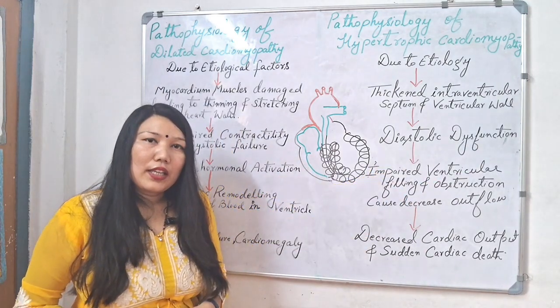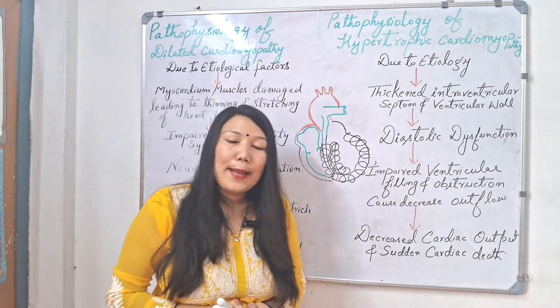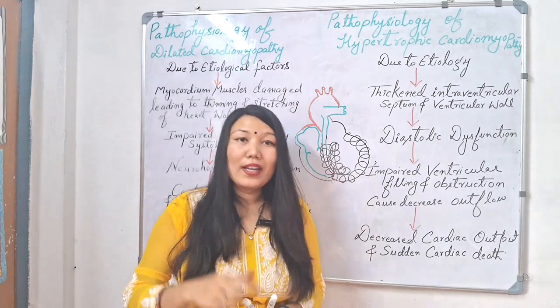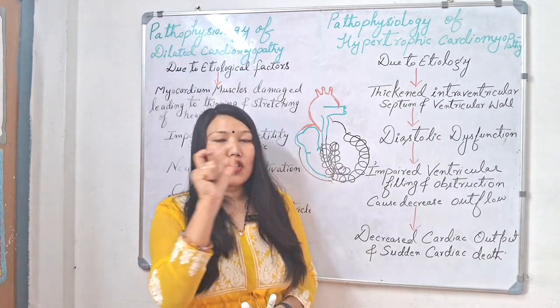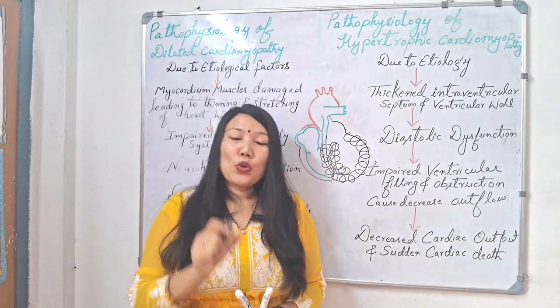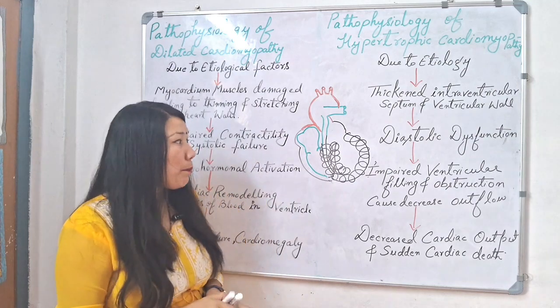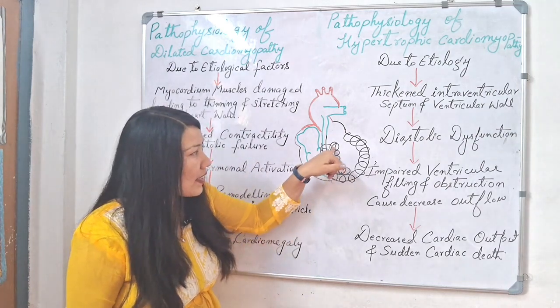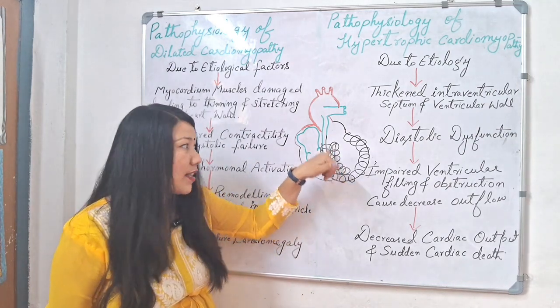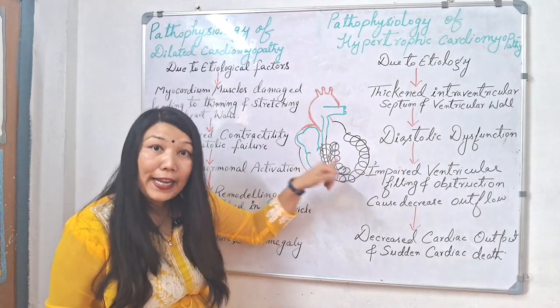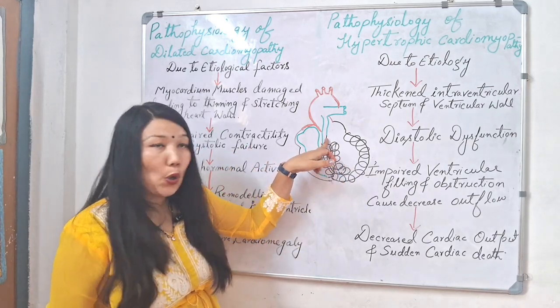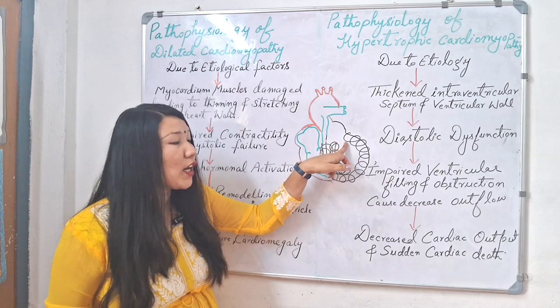Now you all know that there are two types of hypertrophic cardiomyopathy. One is obstructed cardiomyopathy, the other is non-obstructed cardiomyopathy. So what happens in obstructed cardiomyopathy? Why do we call it obstructed? Because this septum is creating an obstruction. This septum is creating a hurdle in between the aortic valve and the mitral valve.